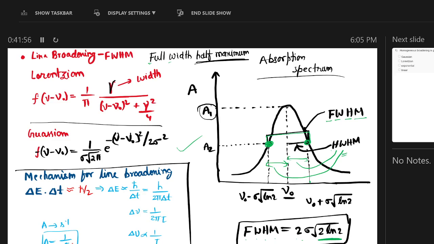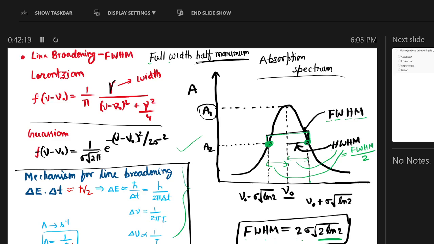This will be full width half maximum by 2, correct? Because we're considering the spectrum is symmetric. We'll come to this later.